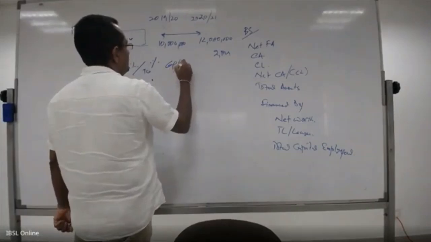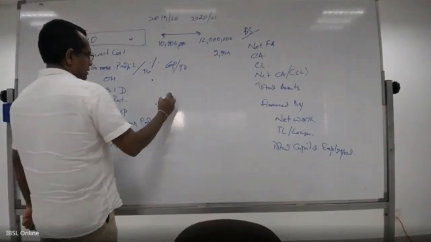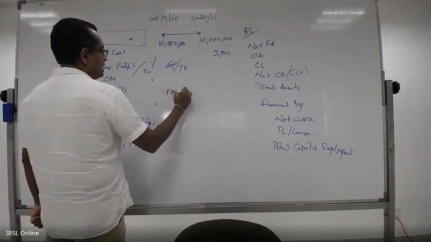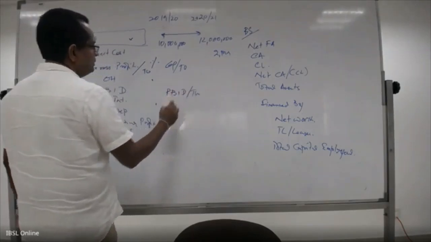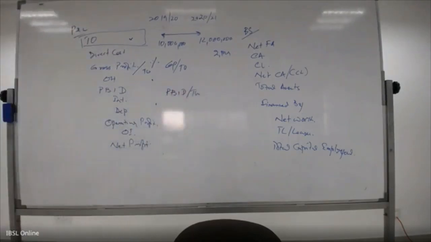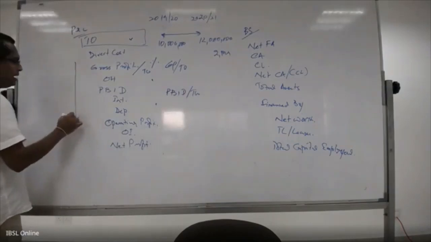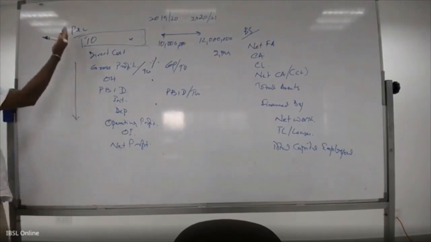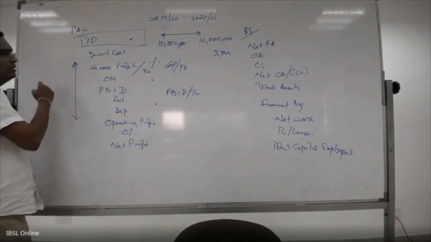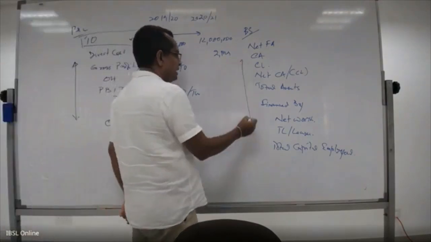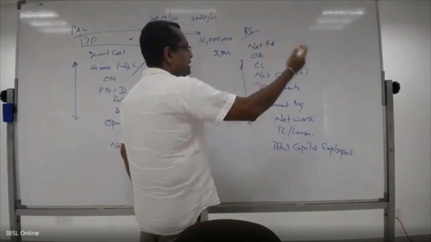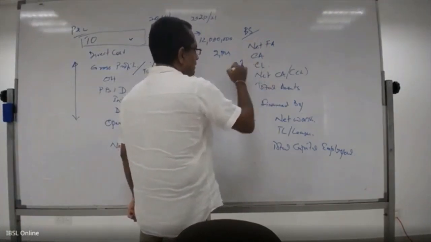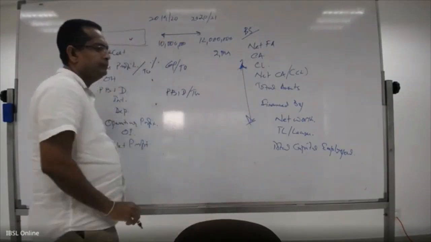PBID divided by turnover. Right? So it is a comparison within a single financial year period, how each item relates to a major item. This is a vertical analysis. We are not comparing two periods, it is a single period.